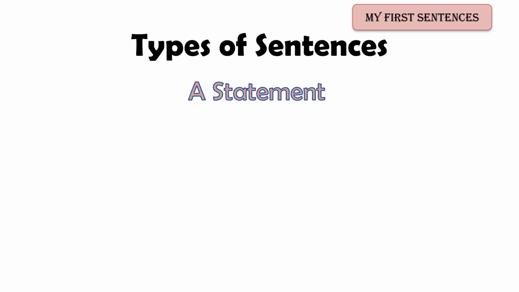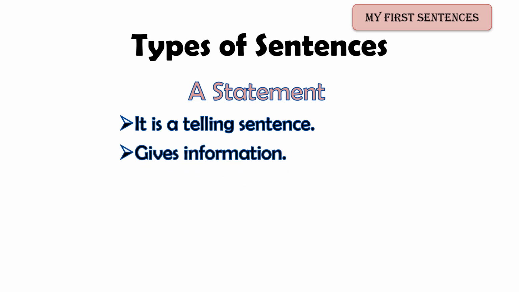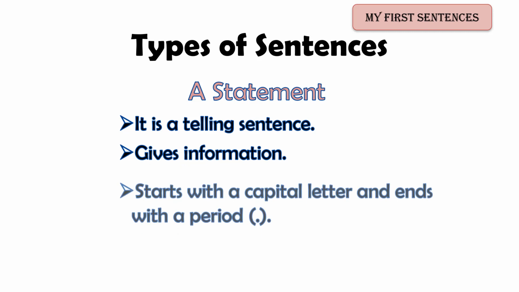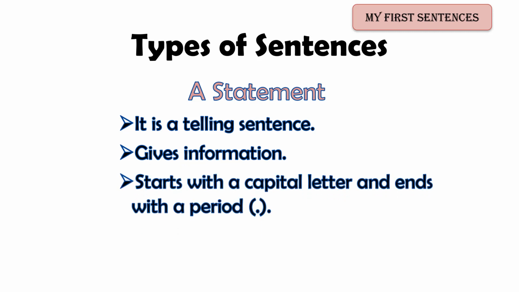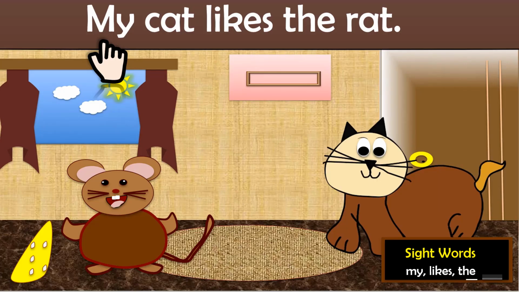A statement. A statement is a telling sentence. It gives information. It starts with a capital letter and ends with a period. Majority of sentences in English are a statement. Let's look at some examples.